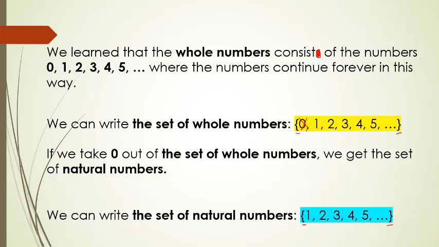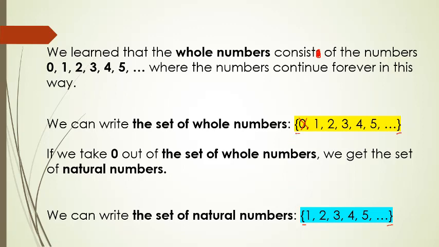Why? Because 0 is excluded. We don't have 0, we start from 1 to forever. But with the whole numbers, we start from 0. The second one is the set of natural numbers because we don't have 0, but we have all of the positive numbers. Remember, guys, only the positive numbers.